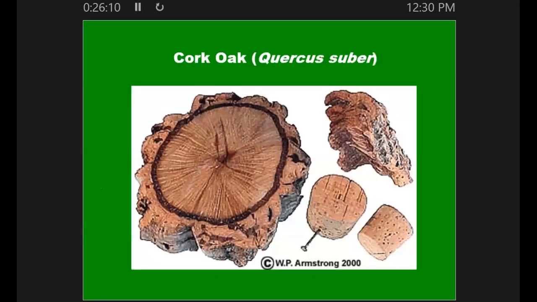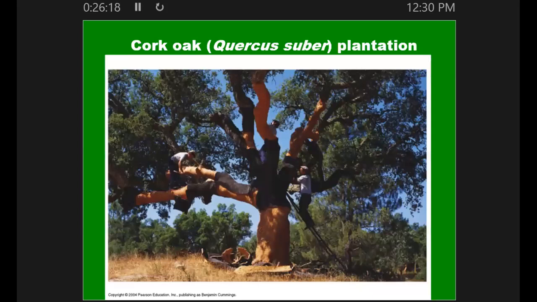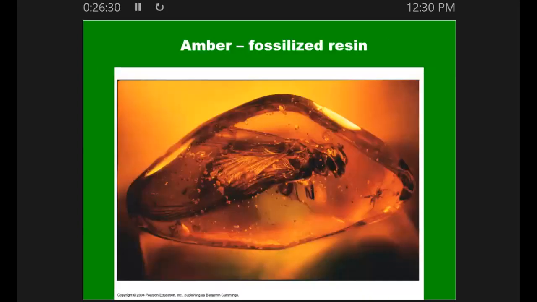And then this is the cork oak I was telling you about, the cork oak tree, where you can very carefully harvest portions of the bark. So you see here, they have a cork oak plantation, and that tree is obviously alive. It's alive and kicking, and yet they're harvesting. I have not seen this done in person, but it's doable.